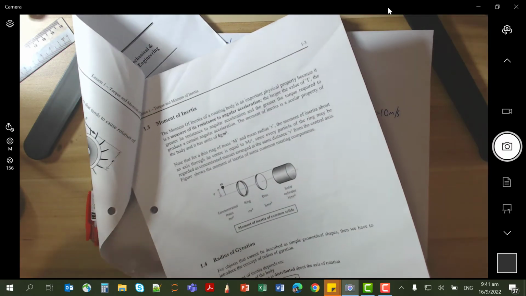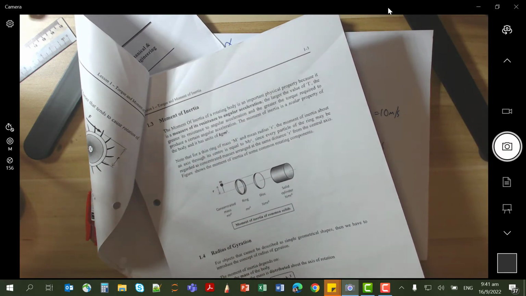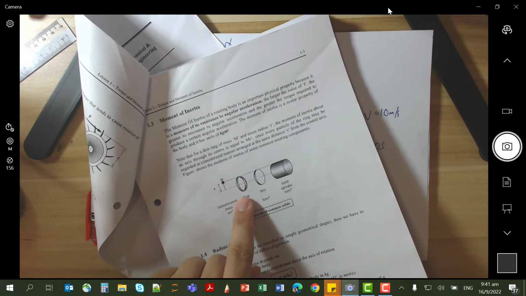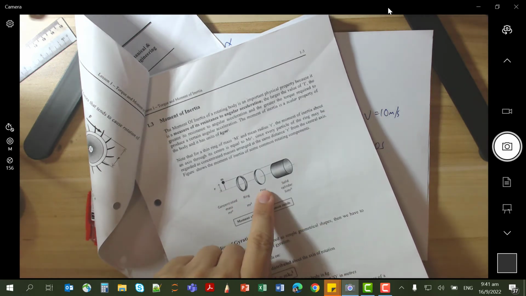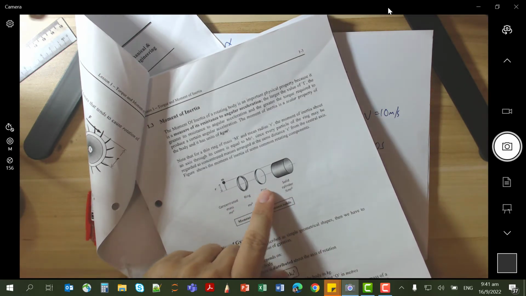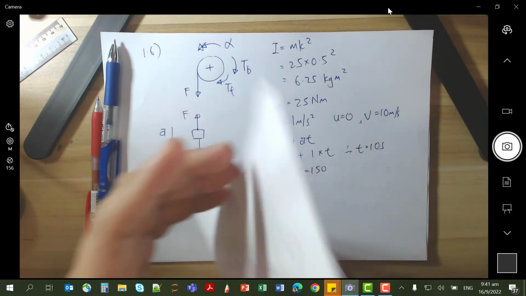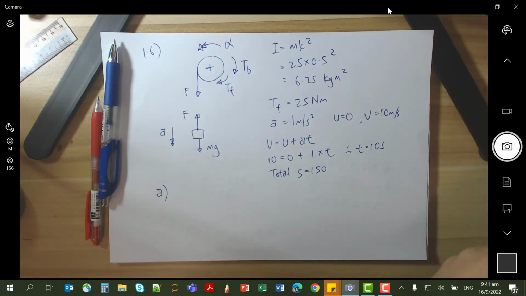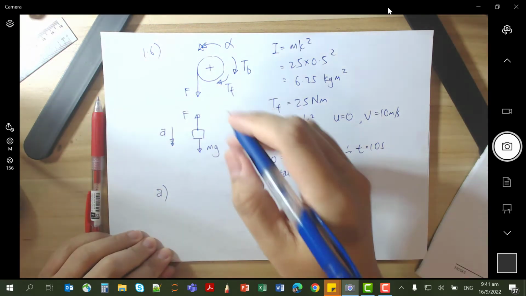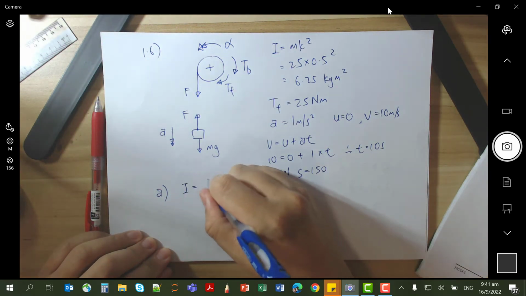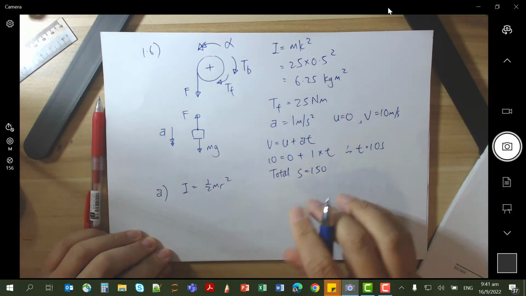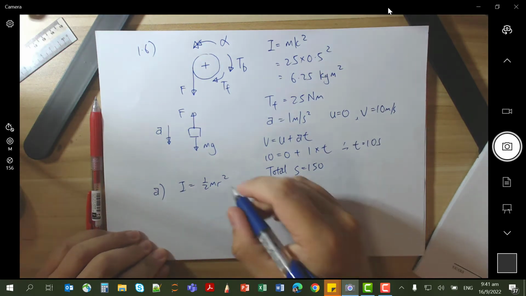It gives a standard formula of I for different types of solids: for a disc, for a ring, for a cylinder. So for this case it is a cylinder, and the cylinder formula is half m r squared.